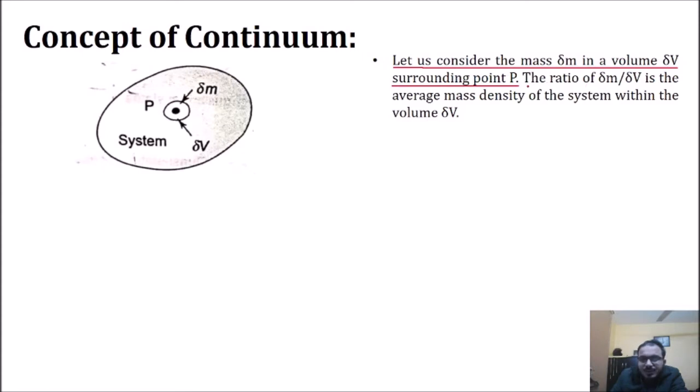Now the ratio del m upon del V is the average mass density of the system within the volume dV. If you recall, our formula for density is equal to mass divided by volume.